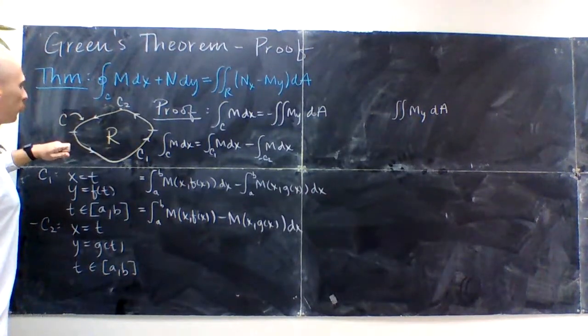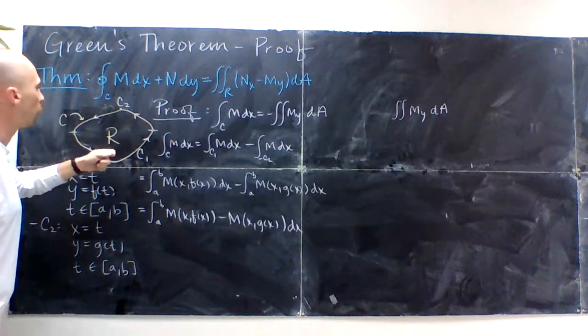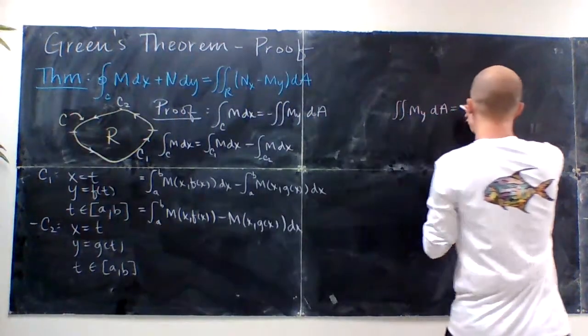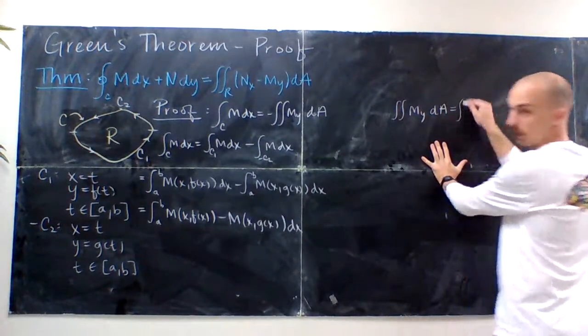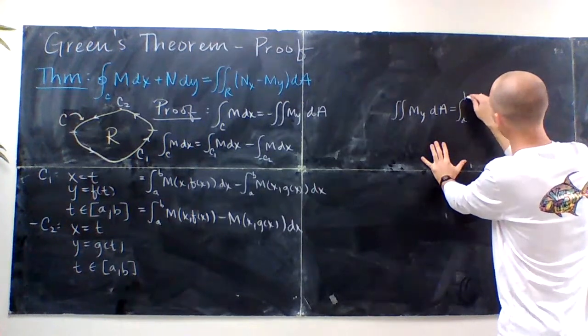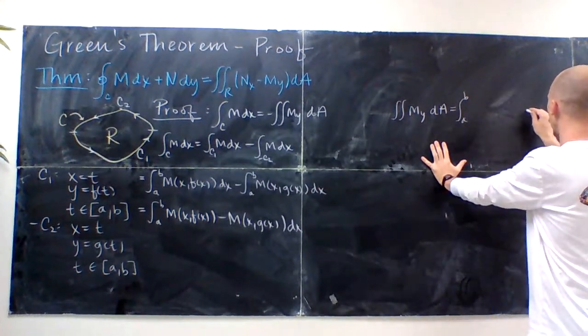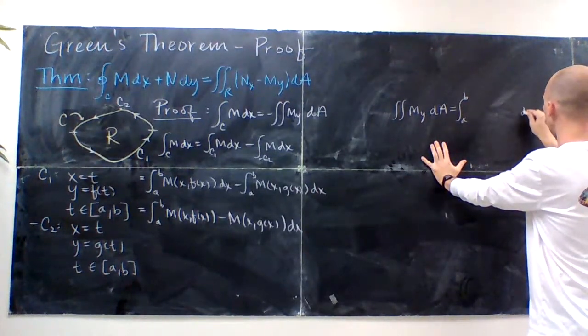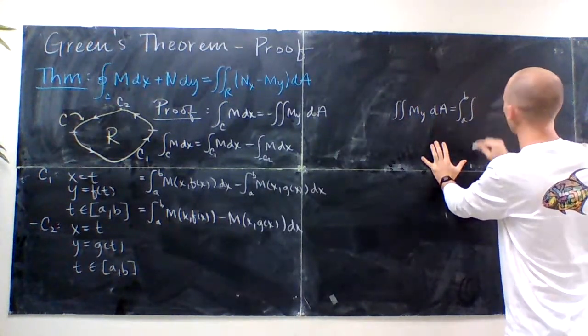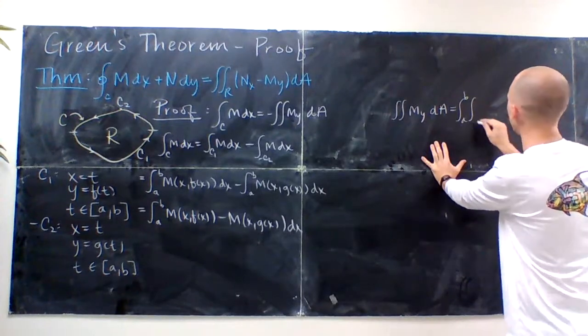So I'm going to let x run from a to b and y run from f of x to g of x. The constants need to go on the outside, we know that from our study of double integrals. So that's going to be x equals a to x equals b, and dx will be on the outside. And then we'll be integrating with respect to y as y runs from f of x to g of x.